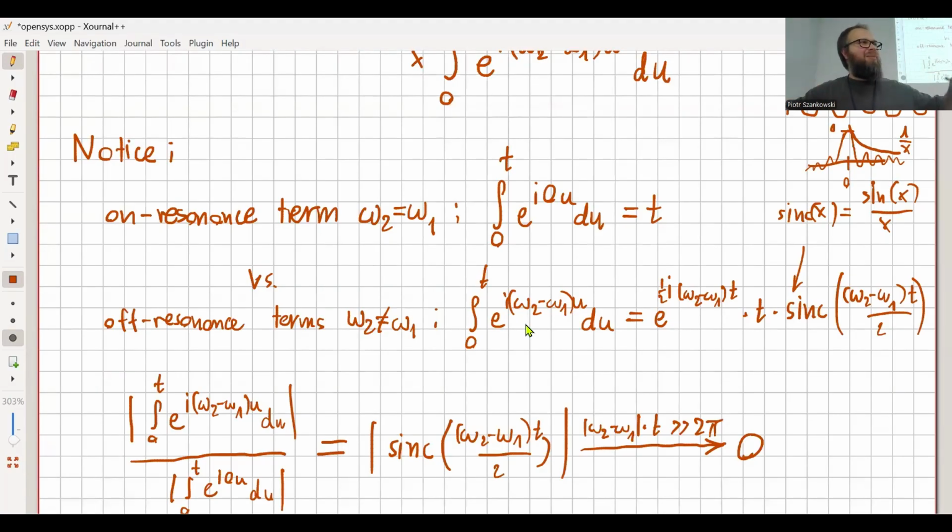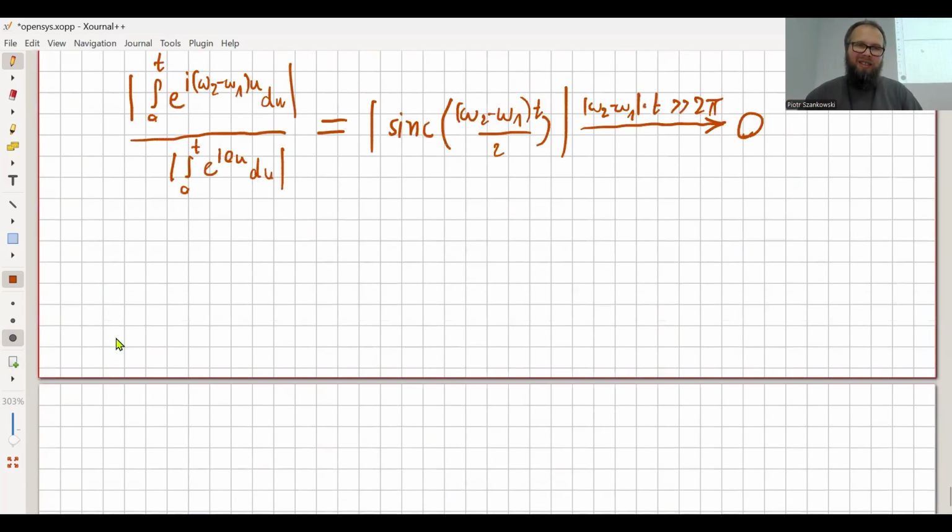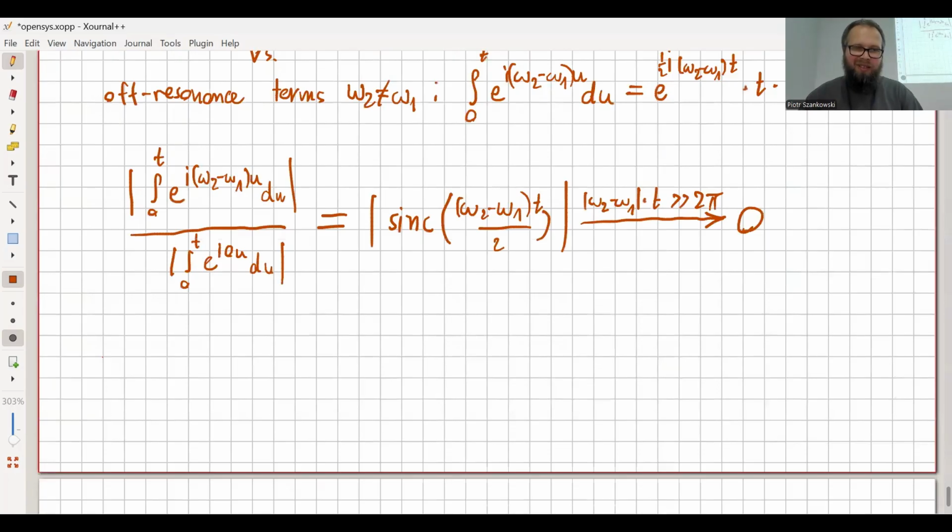Okay, and this is the basic idea behind something that's called either secular approximation, or sometimes called rotating wave approximation.